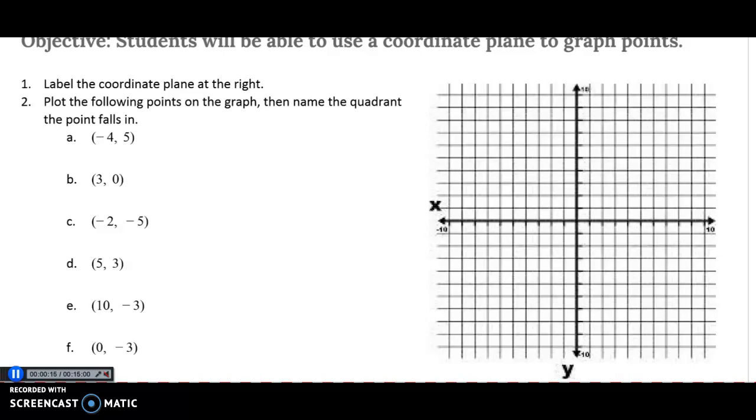So remember that your coordinate plane is cut into 4 quadrants. The horizontal axis is always the x-axis, and the vertical axis is always the y-axis. Remember also that you have 4 quadrants.